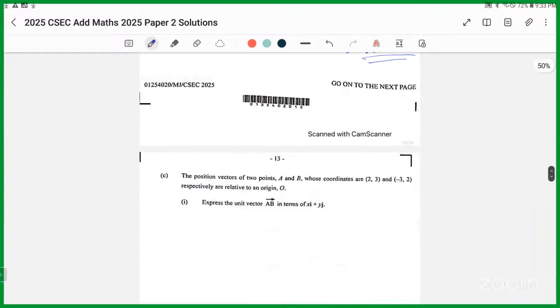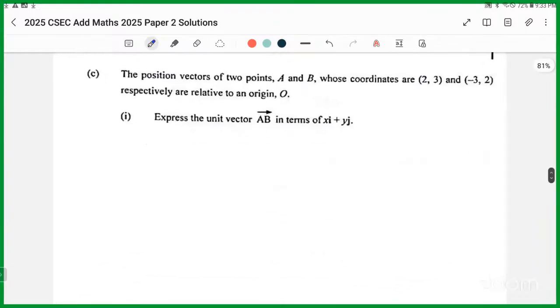This one says the position vector of two points A and B, whose coordinates are these respectively, are relative to an origin O. So it means that OA will have the same values of this in vector form, 2, 3.